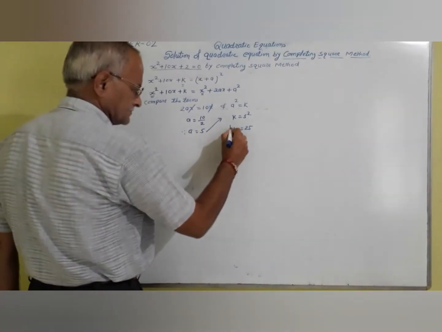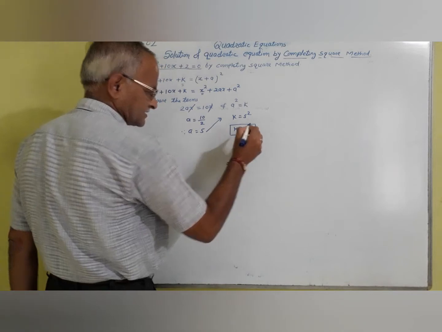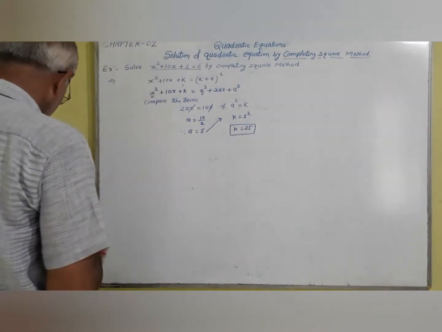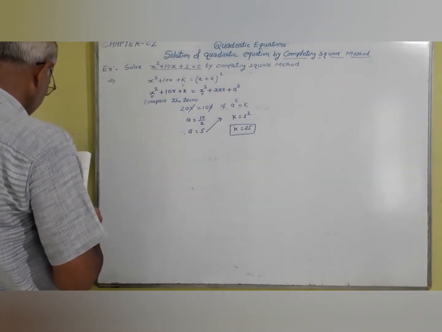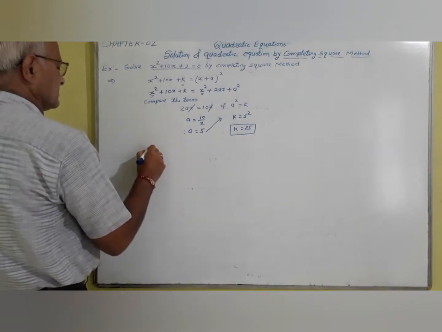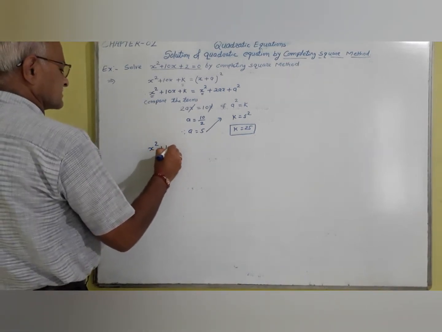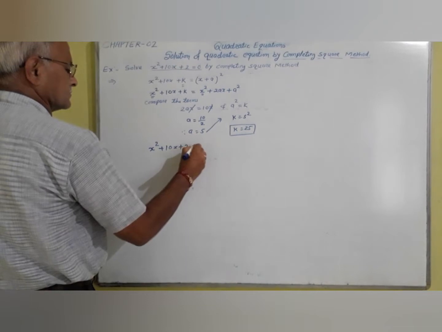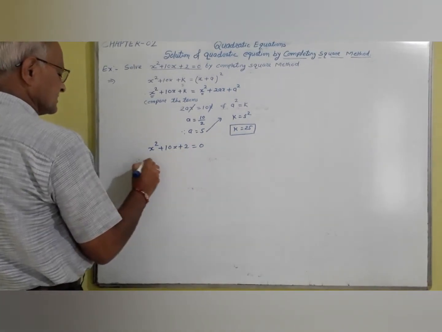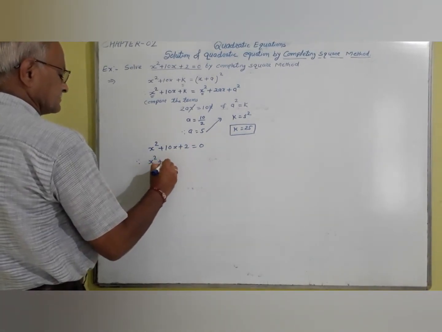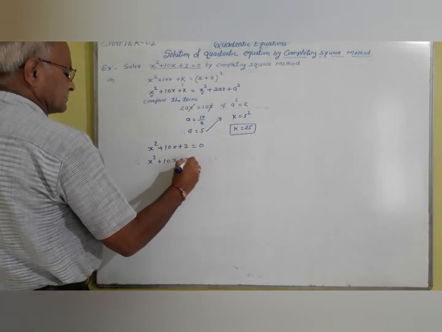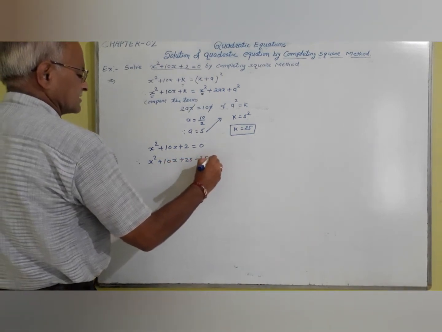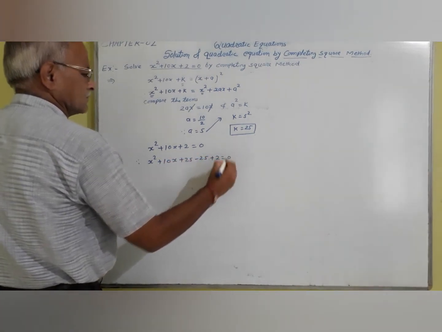Therefore, we add this 25 and subtract it in the given equation, and we write x square plus 10x plus 2 is equal to 0. Therefore, x square plus 10x plus 25 minus 25 plus 2 is equal to 0.